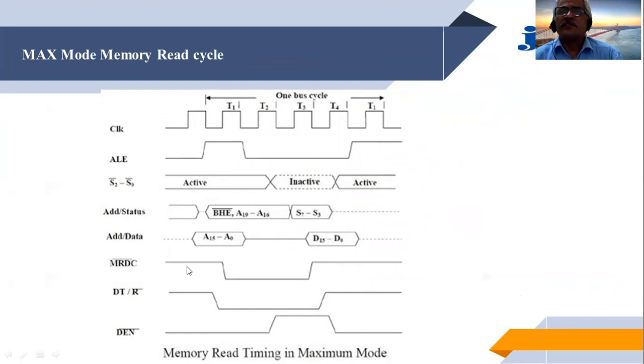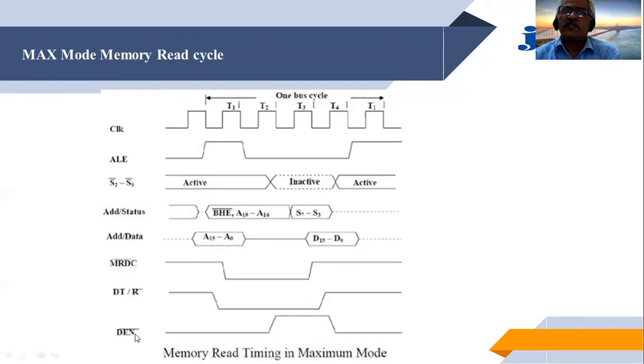When ALE goes high, the address will be available on the address bus. Also, the signals S0 to S2 will generate the different control and command signals.